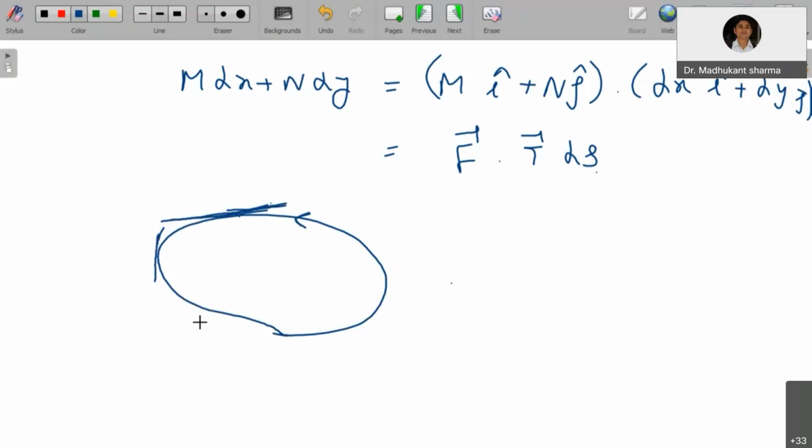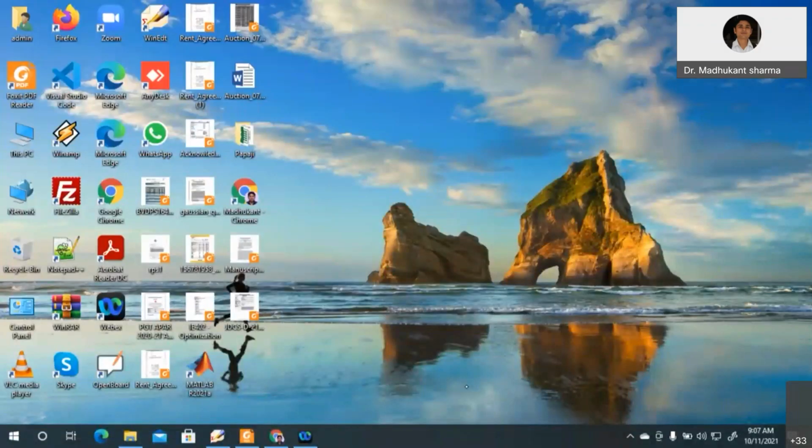Similarly, like this here, you can draw the tangents. So it will give you the circulation density at the point. So the first integral represents the circulation density.